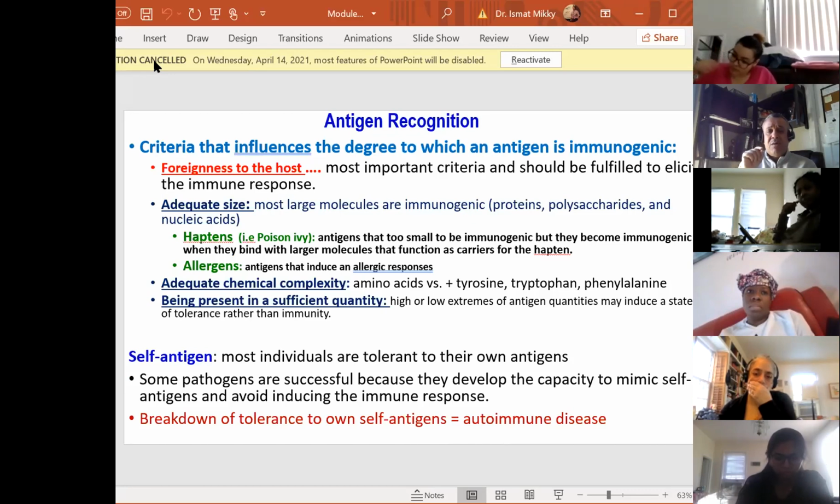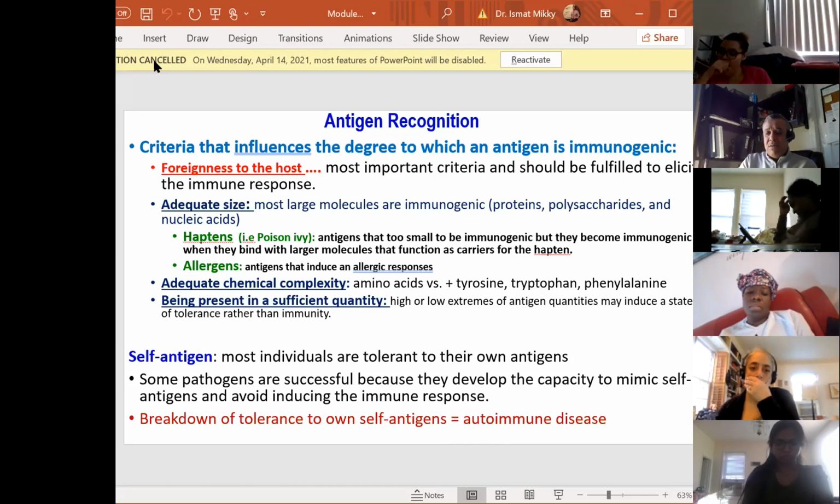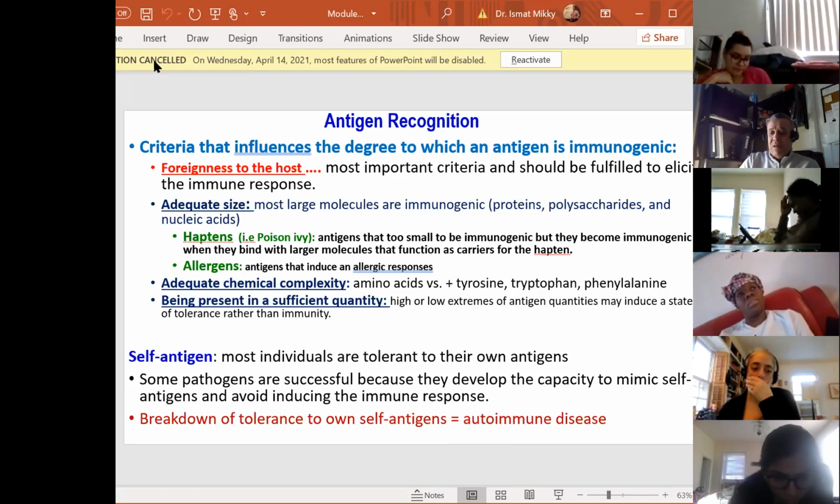Once the immune system recognizes a cell as non-self, regardless of whether it's a foreign body or your own cells, the immune system will react to attack it. Most individuals are tolerant to their own antigens, but at some point, for some reason, and sometimes there is no explanation why, patients develop autoimmune disease, where their own immune system recognizes their own cells as non-self and attacks them, resulting in destruction of their own cells, what is called autoimmune disease.